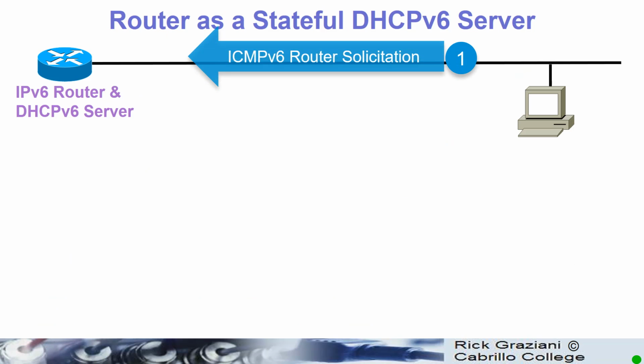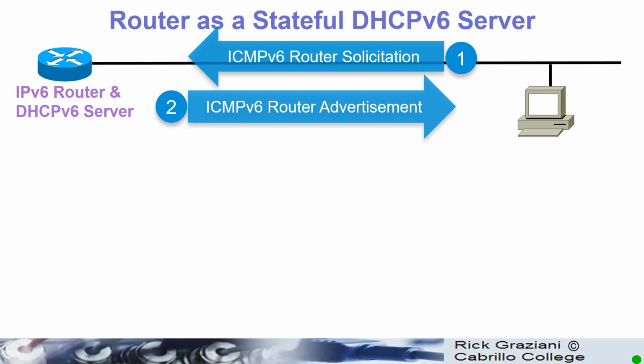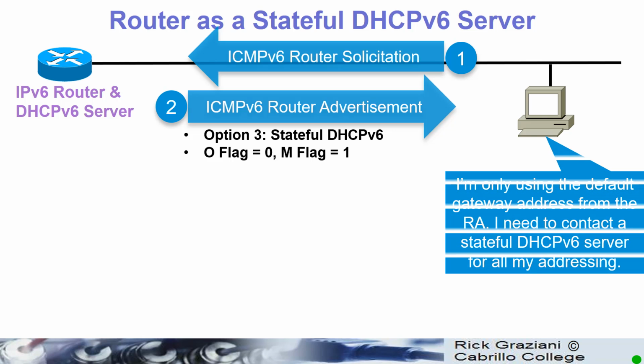So how does this work? A client will send an RS, the router will send an RA. Again, the managed flag will be set to 1. That in turn tells it that it will be doing a stateful DHCP request.